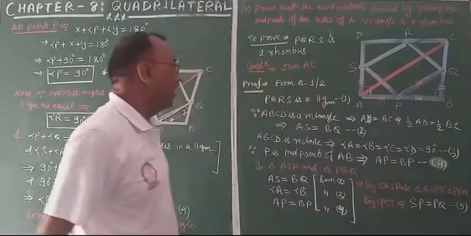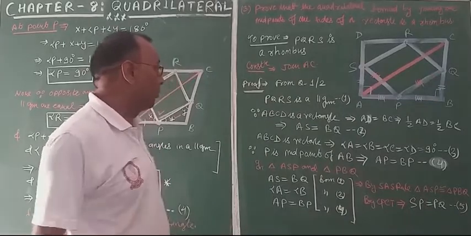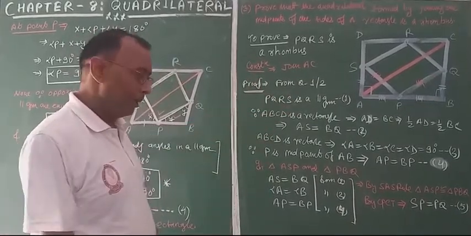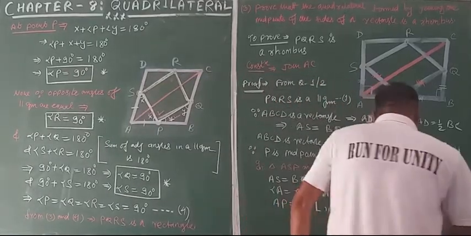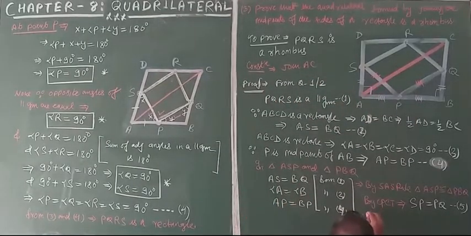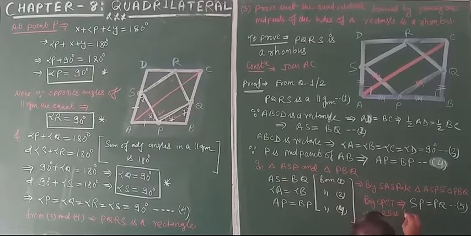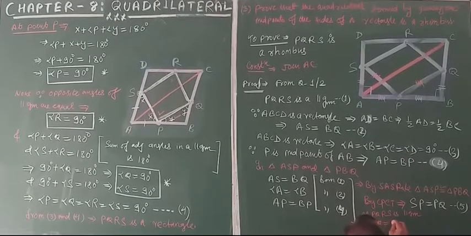Now PQRS is a parallelogram. Therefore, opposite sides will be equal. Therefore, what will happen? PQ is equal to RS, and SP is equal to QR.